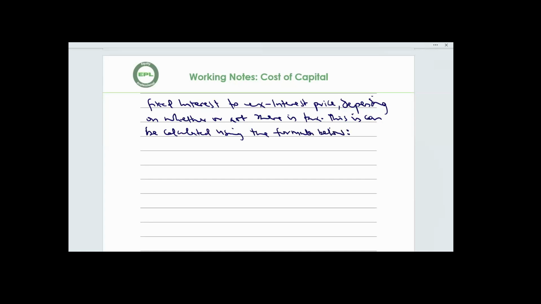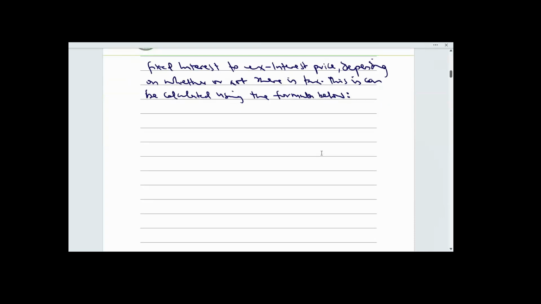So whenever you want to calculate the cost of irredeemable debt, KD, that is cost of debt, is calculated as fixed interest divided by ex-interest price, multiplied by 100 over 1.